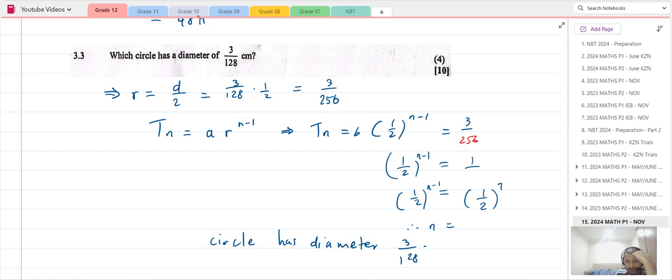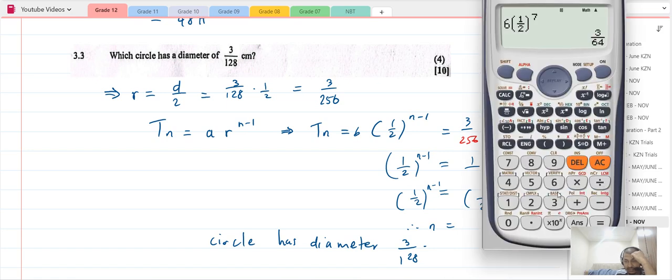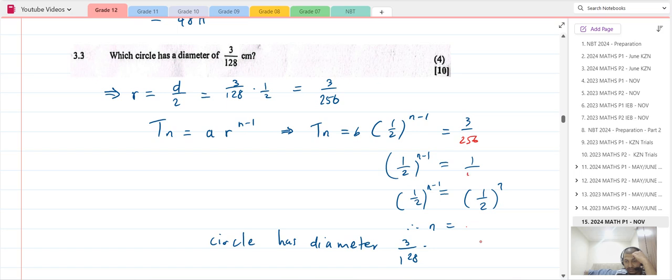Dividing 3 over 256 by 6, we get 1 over 512. So we get half to the power 9, so n is equal to 10.